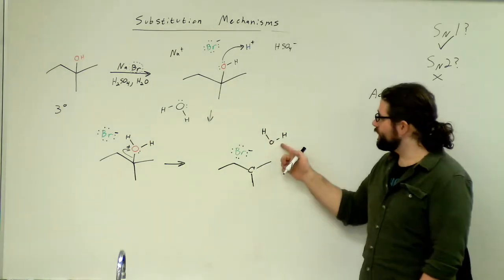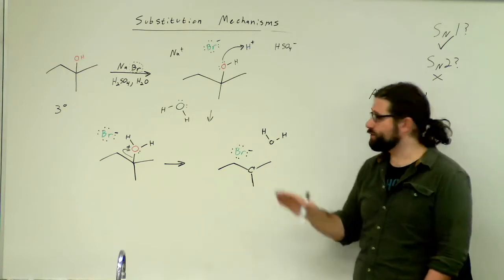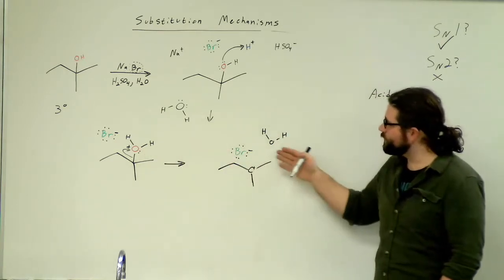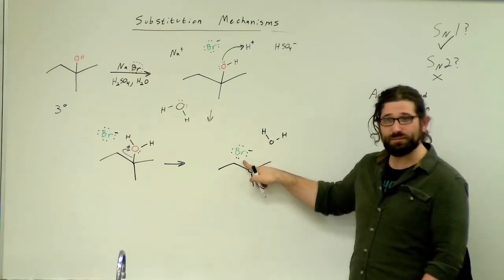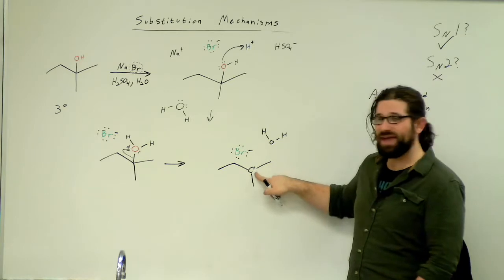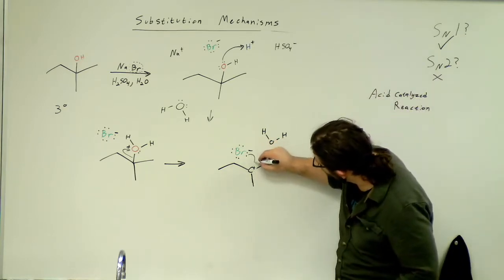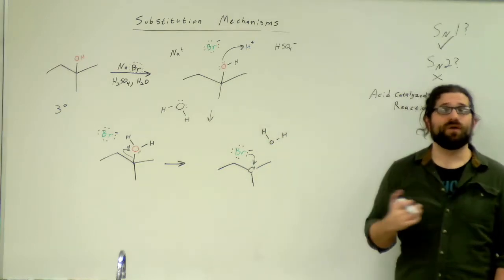So now we've got this water molecule floating away. Once again, this would now be a spectator, so you would not need to draw that. I'm drawing it because this is the water that just left. So it's floating away, it's leaving. And now we've got this bromine, this bromide anion, attacking this carbocation. So this electron pair is going to be attacking right there. Now we can draw our final product.